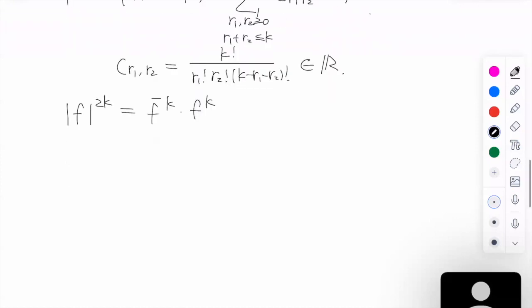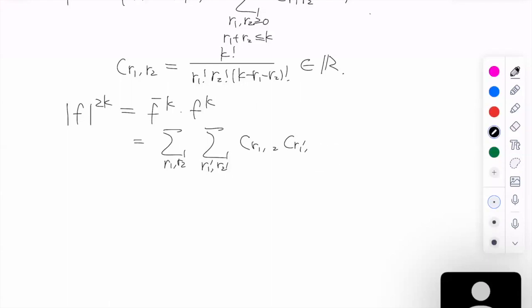And if we play a little bit with the term, we obtain the following. It's going to be R1, R2, and we also have the other term, R1 prime and R2 prime. CR1, CR2, CR1 prime, and CR2 prime.